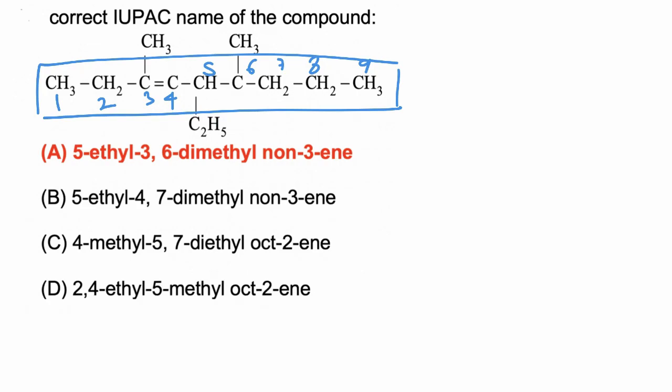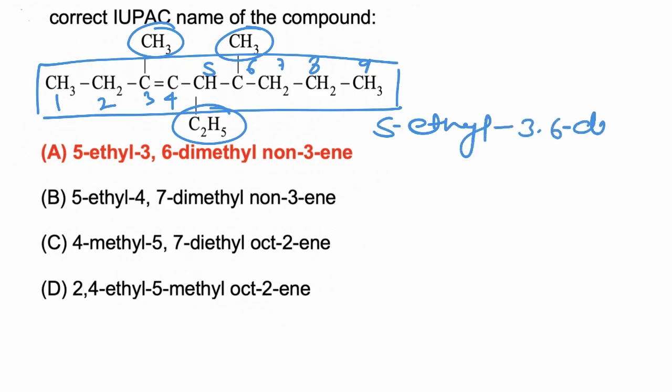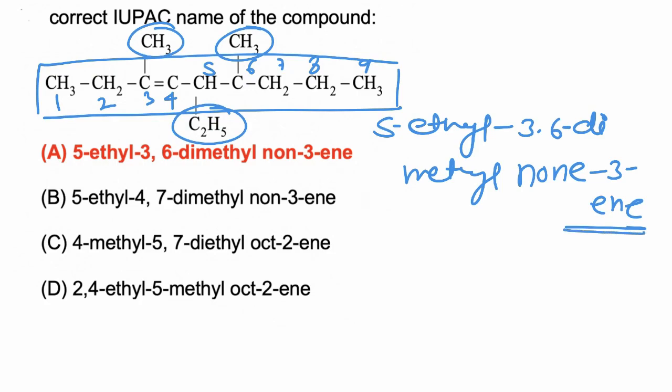Now at the 3 and 6 positions methyl is present, while ethyl is present at the 5th carbon. So the name of the compound is 5-ethyl-3,6-dimethyl. Total 9 carbon atoms are present, so non. The multiple bond is present at the 3rd position, so non-3-ene, and hence the correct answer is A.